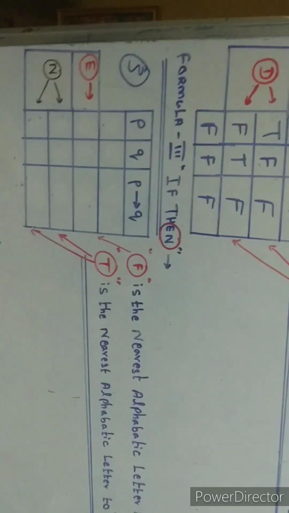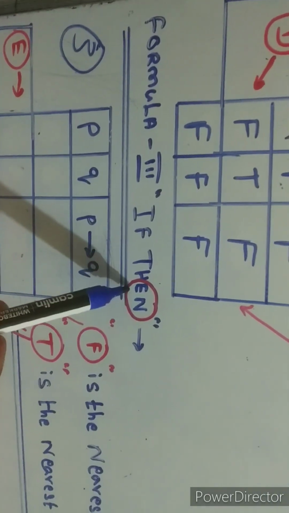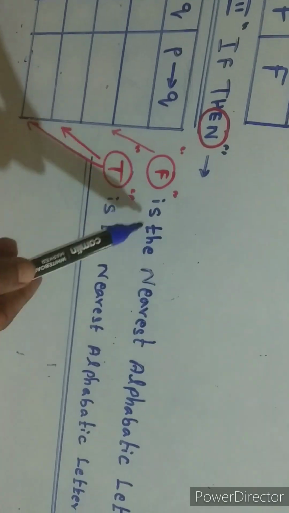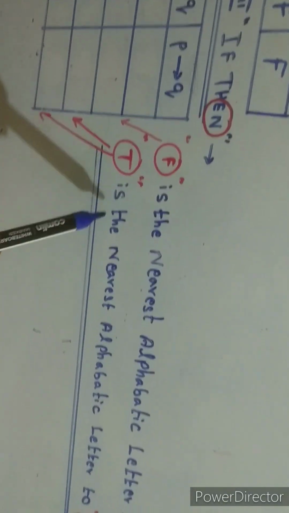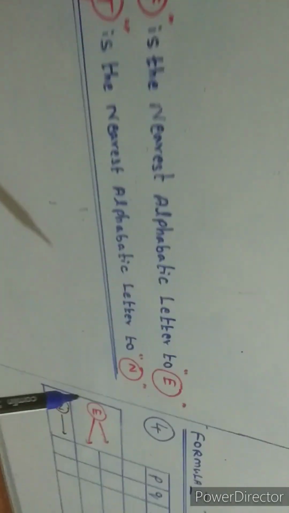Next, formula 3, if then. Here I have taken the last two letters, E and N. In the same way I fill in the requirement. As mentioned, F is the nearest alphabetic letter to E and T is the nearest alphabetic letter to N. This E and N I have written here.